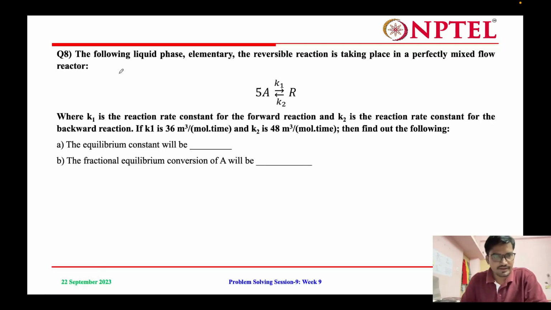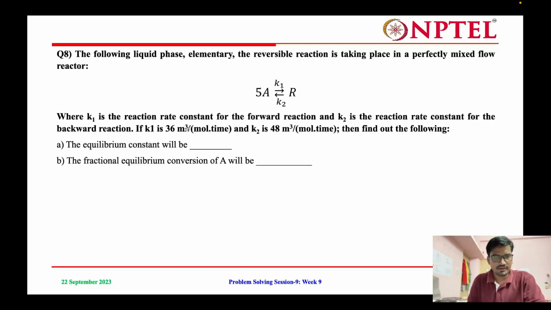Now question number 8. The following liquid phase elementary reversible reaction is taking place in a perfectly mixed flow reactor: A gives R and R gives A, where K1 is the reaction rate constant for the forward reaction and K2 is the reaction rate constant for the backward reaction.